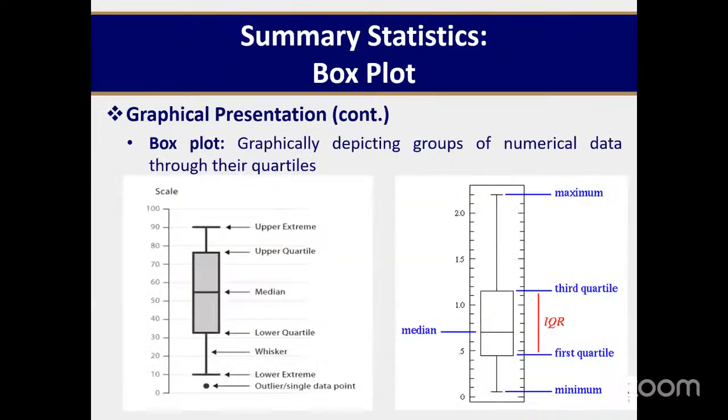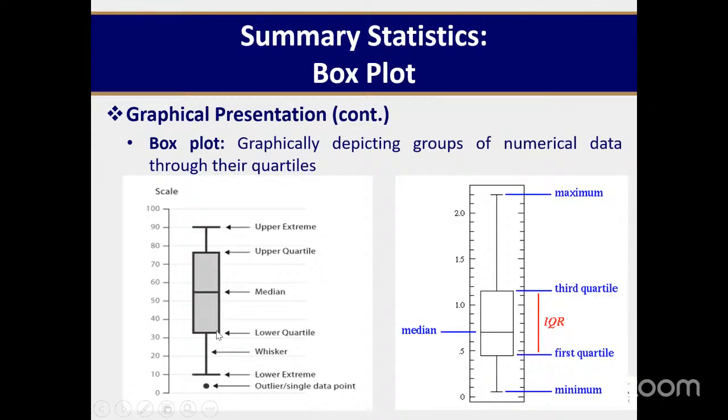The next one is the box plot. The box plot is a descriptive type of data. We are talking about a numerical data type where it talks about the quantiles. So you have a box plot, as you can see on the left side of the screen, where the median is in there.